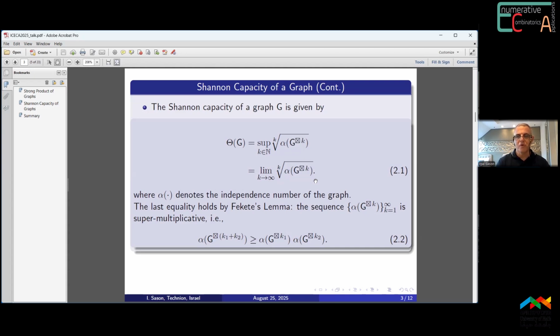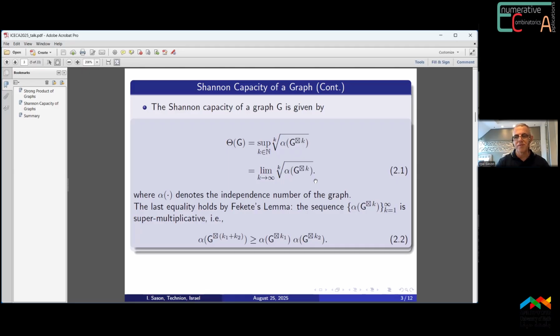The motivation for introducing the Shannon capacity of a graph in the seminal paper by Claude Shannon from 1956 was information theoretic, where he was interested in zero-error information theory and modeled a communication channel by a confusability graph, meaning that you have a statistical characterization of a channel, and you create a confusability graph where two vertices are adjacent if they can be confused.